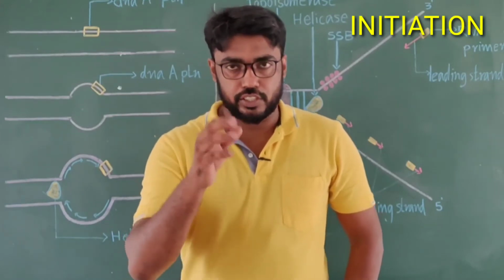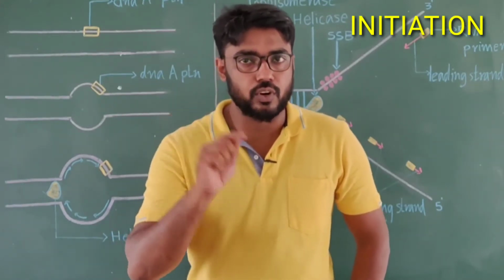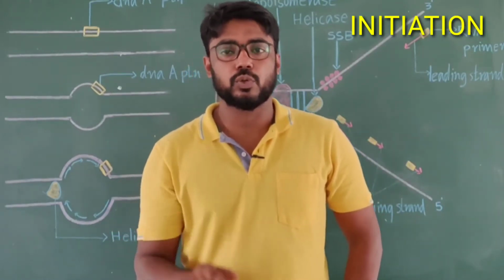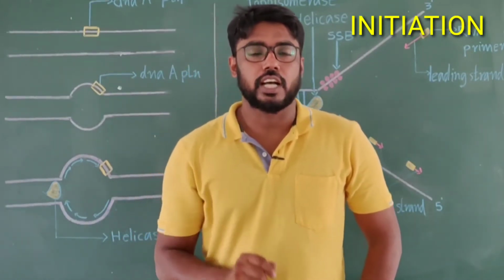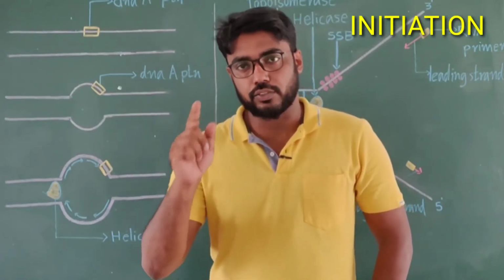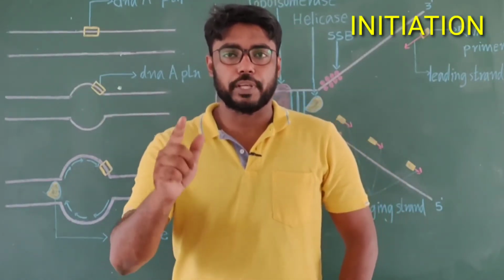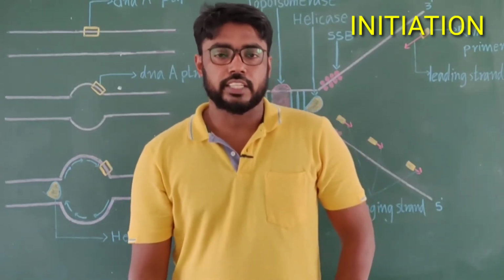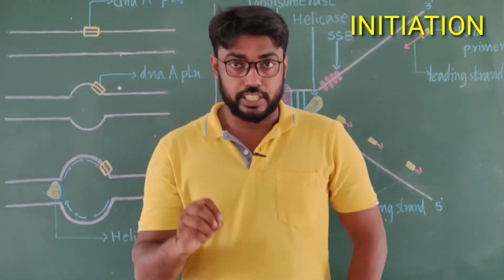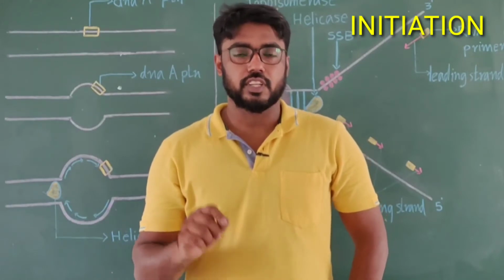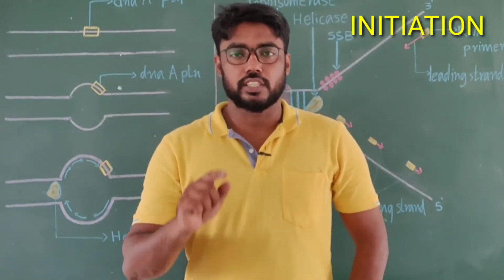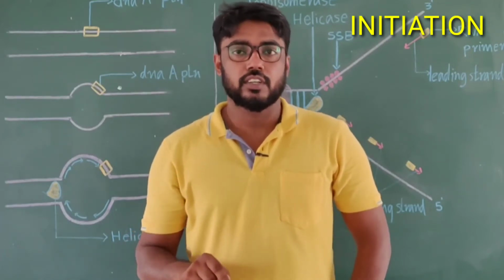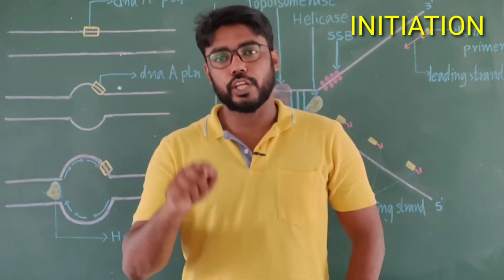Initiation of replication occurs at a site called the origin of replication, which can replicate autonomously. The DNA molecule that originates from it is called a replicon, and the origin is an AT-rich region. In prokaryotes there is only one origin, so it is called a unireplicon.